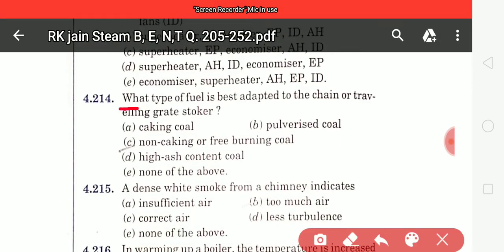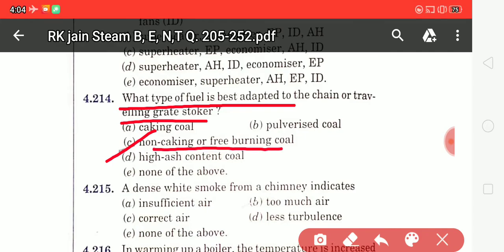Next, what type of fuel is best adapted to the chain or traveling grate stoker? Non-caking or free burning coal.